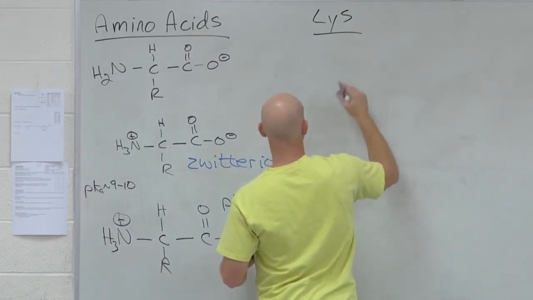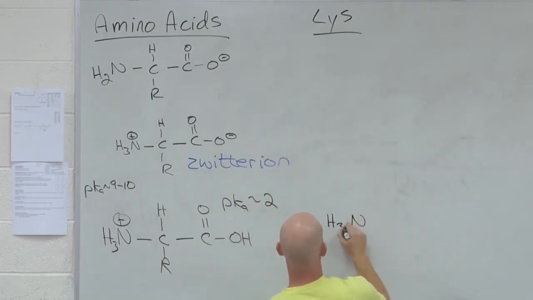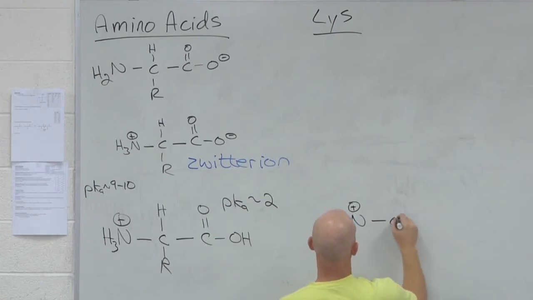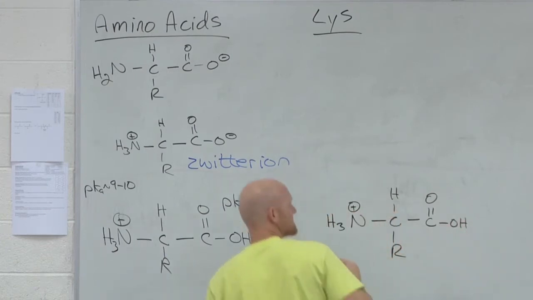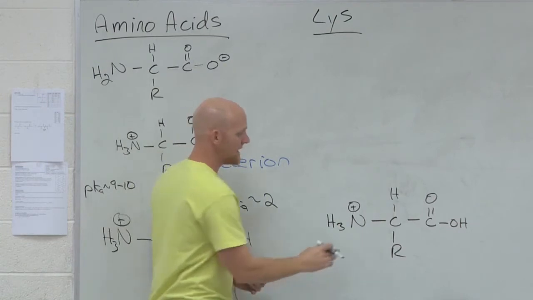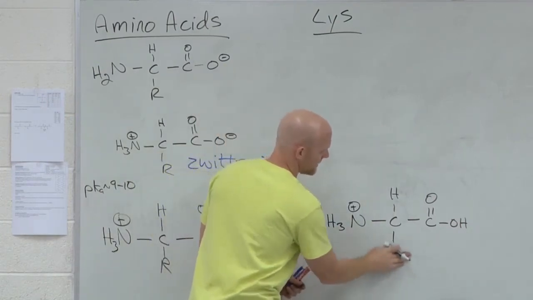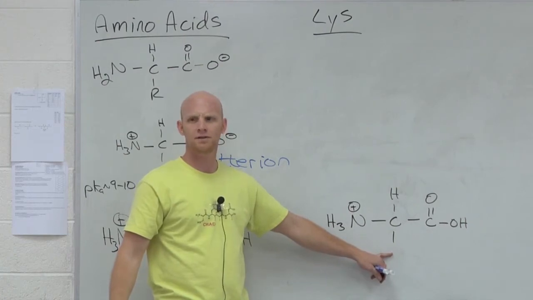So let's look at lysine here. And you know what? Let's start in the most acidic form of lysine. This is the most acidic form of lysine. But we're going to get more specific than just R here. Lysine has an R group. And being a basic R group, what do you suppose is the main functional group down here?